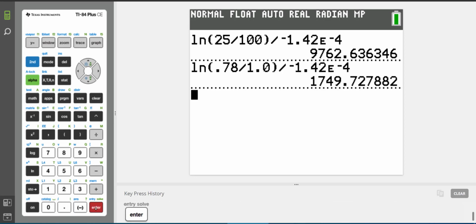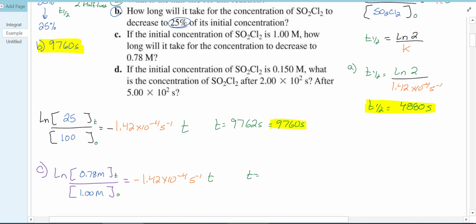Enter. I get 1750 seconds, which is smaller than a half-life, which is good, because it's less than that. Now I technically have only 2 sig figs, because this limits me to 2. So really, it's 1800 seconds.